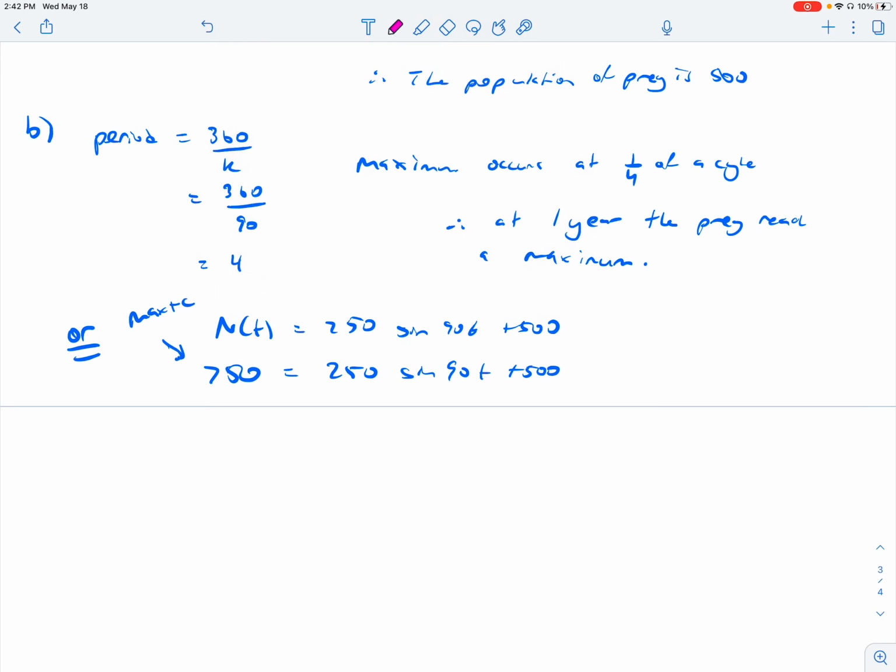So we're going to subtract 500 from both sides. That cancels that out. So then we're going to have 250 equals 250 times sine of 90t. We'll divide out the 250 from both sides. That gives us just 1.